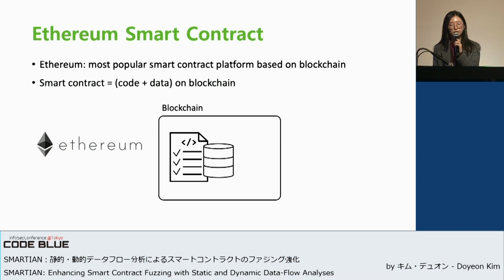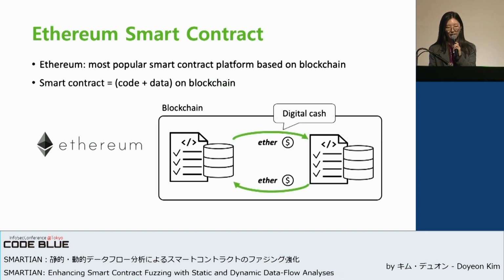In short, blockchain can be thought of as a distributed computing system, and a smart contract is a collection of data and code which is located in the blockchain. Smart contracts can perform various operations.